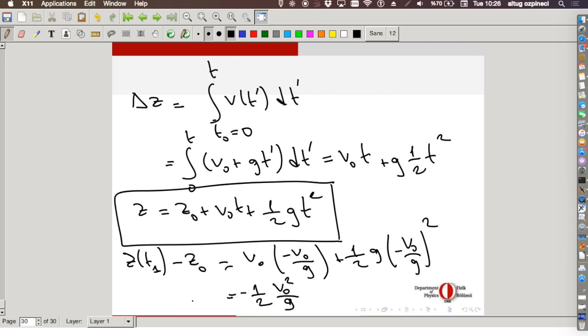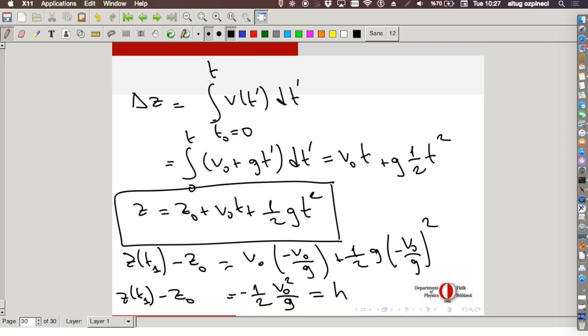So what is the maximum height? Now velocity is not 0. This is what we calculated: z at the maximum point minus the initial z0 value. So can we say that this is the height?